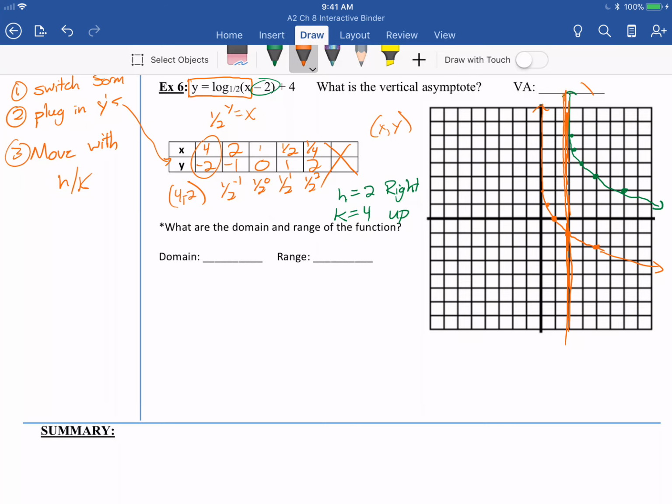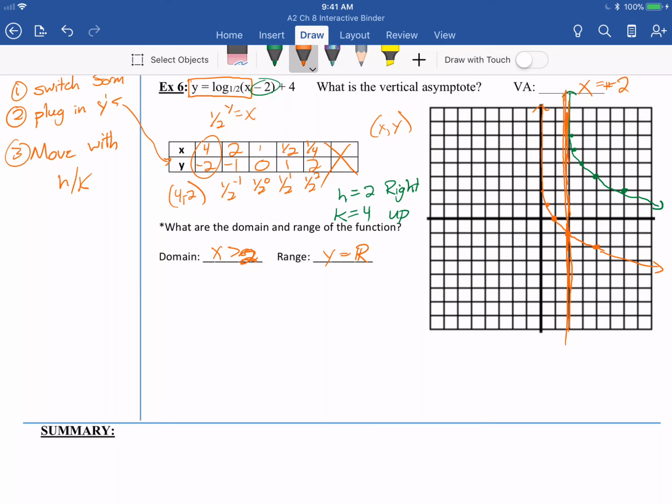So that's my vertical asymptote: x equals 2. Excuse me, I don't know why I said negative. That would be a positive. And my domain now is x is greater than 2. And my range is that fancy looking R, all real numbers, because there's no horizontal line that it gets really, really close to.